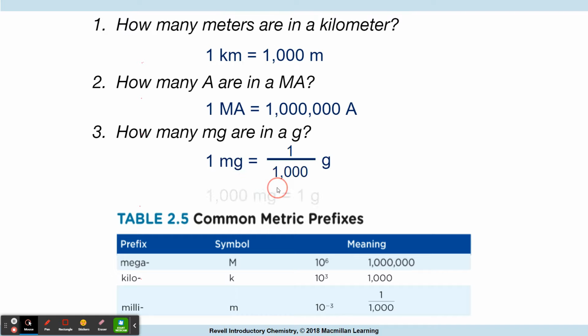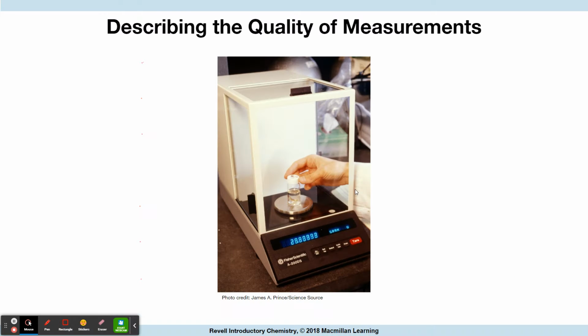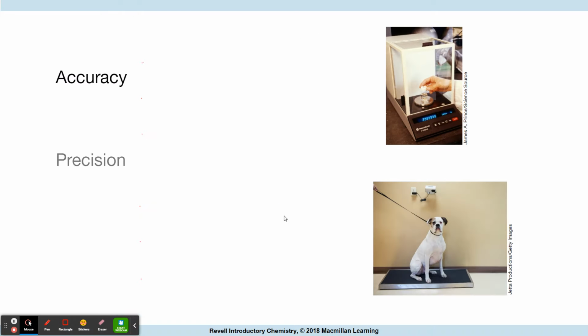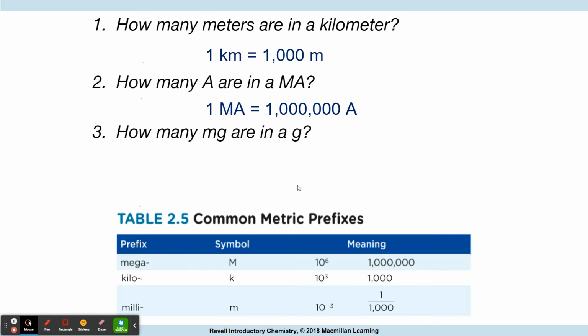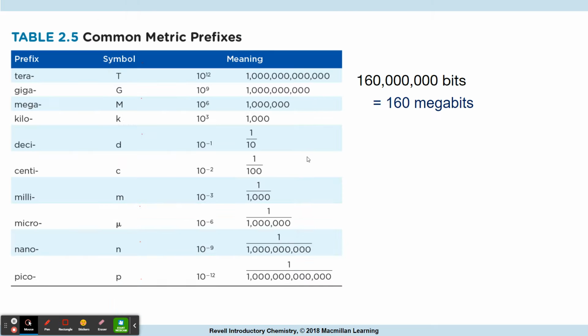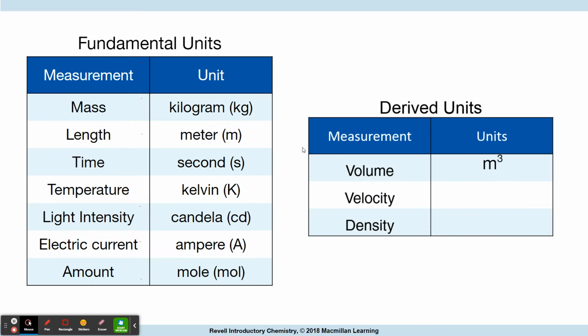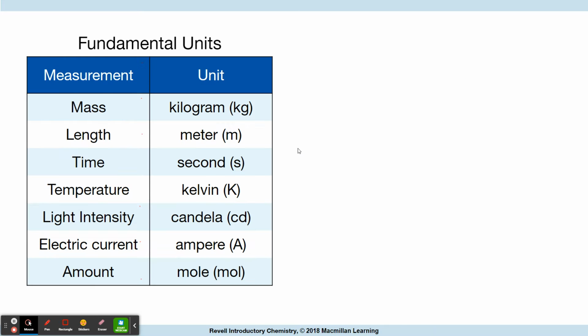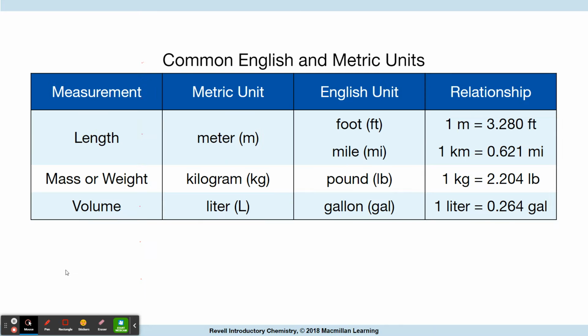So I'm going to show you a problem that you could do basically on your own. Let's go back to one as an example. We'll use this slide. All right, so if I said, I wonder how many meters there are in a kilometer.